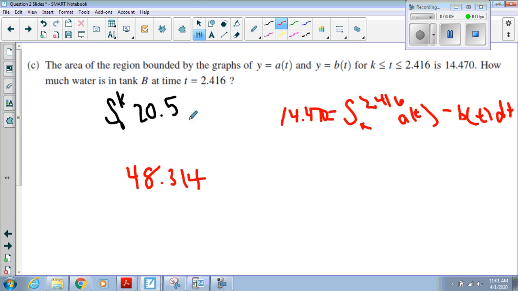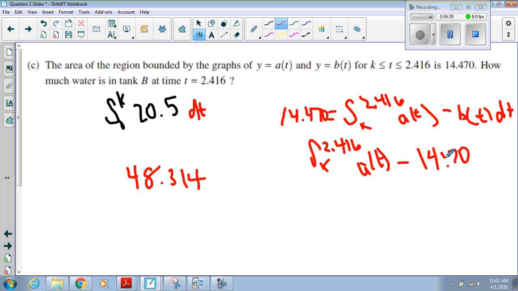So we solved this in terms of dt. And then we solved the integral from K to 2.416 of A(t) minus 14.470.